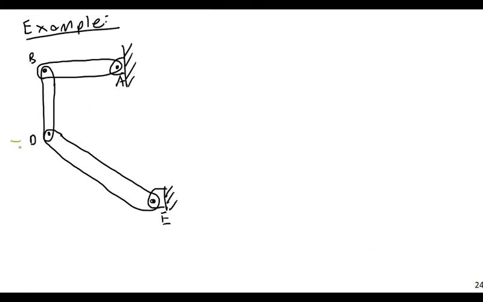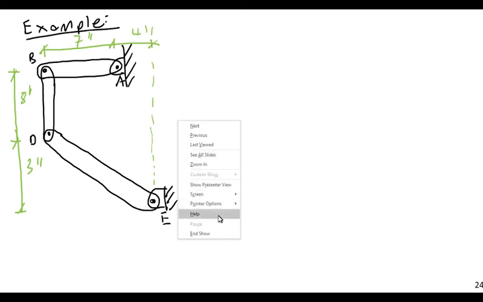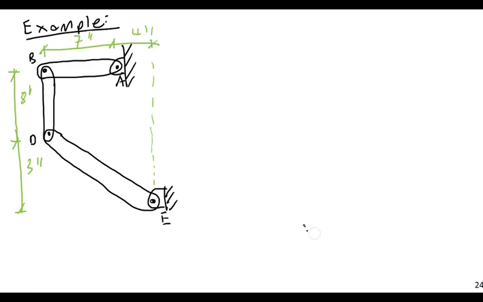This is definitely not to scale, and this is 3 inches, and this is 8 inches, and this is 7 inches and 4 inches. So all of this is given.